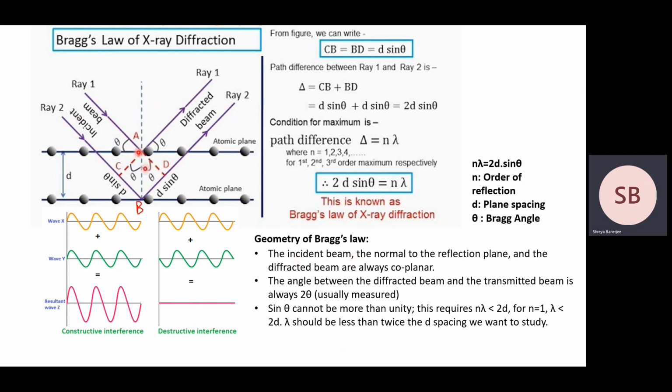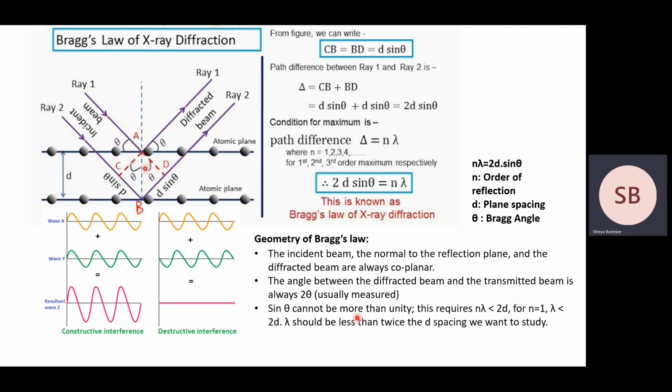There are certain points that must be remembered while considering the geometry of Bragg's law. Firstly, the incident beam, the normal to the reflection plane shown by this dotted line, and the diffracted beam are always coplanar, that is, they are in the same plane. The angle between the diffracted beam and the transmitted beam is always 2 theta. So this particular angle is always 2 theta.